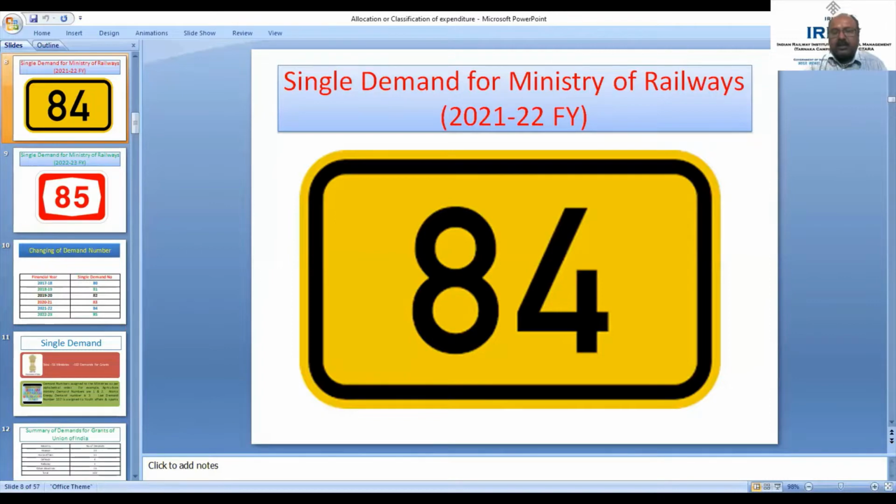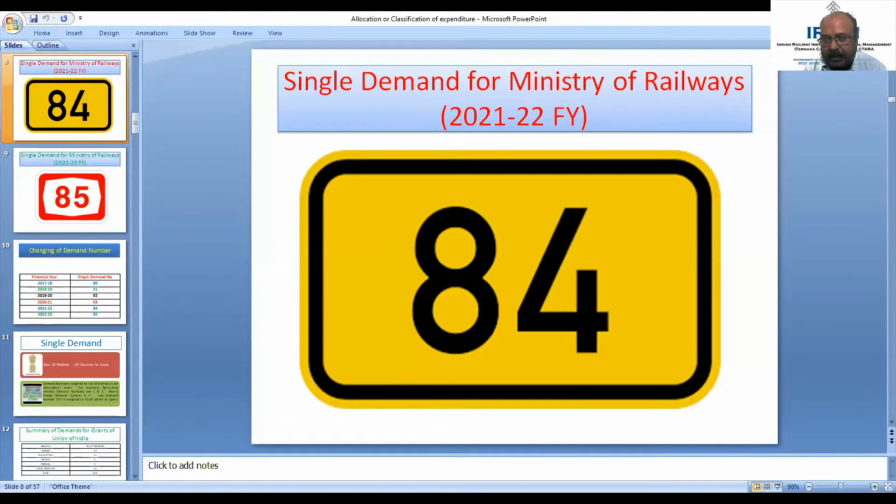We have a total of 56 ministries in the union government, and the total number of demands for grants is 102. The demand numbers are assigned by the Department of Expenditure, Ministry of Finance, in alphabetical order of the ministries' names. That is the reason the Agriculture Ministry has got demand numbers 1 and 2, and the Atomic Energy Department got demand number 3.